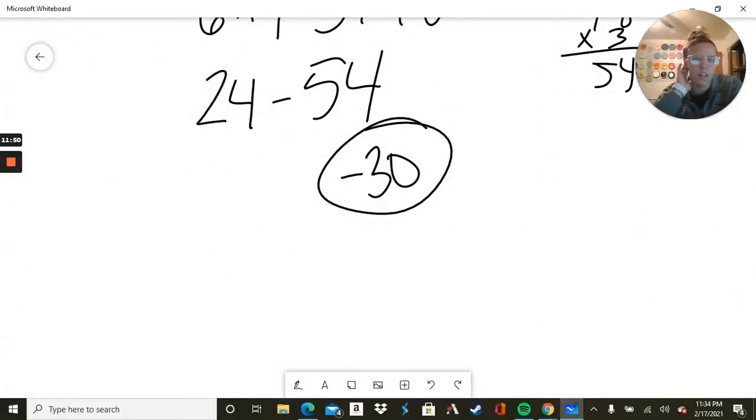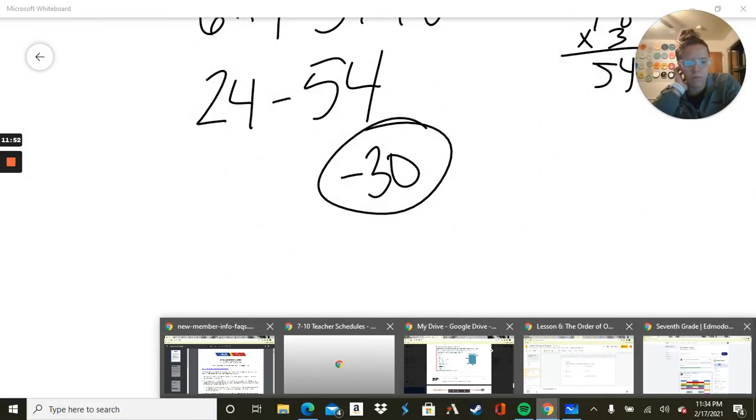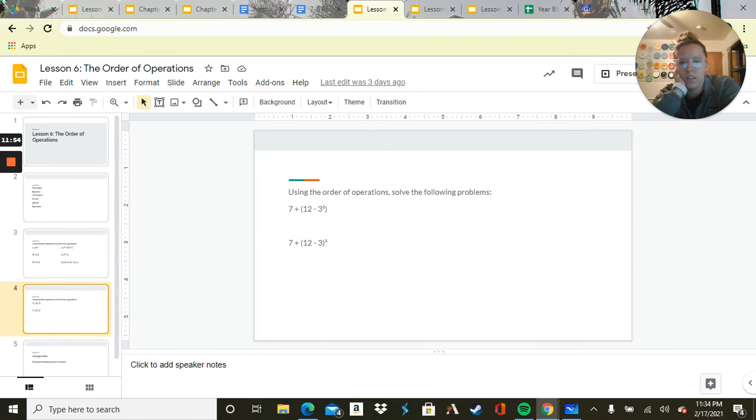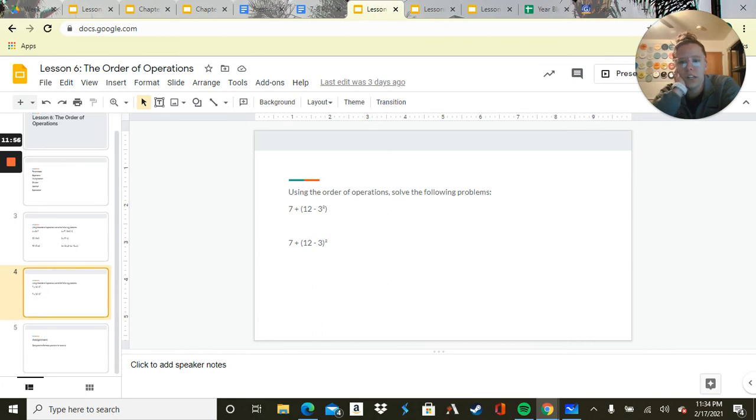Okay, so we have 2 more we're going to do quick. These 2, and I'm just going to show you what the difference parentheses can make, okay?